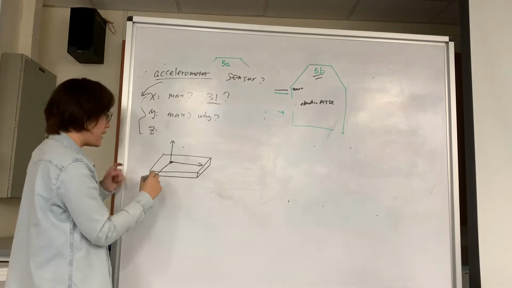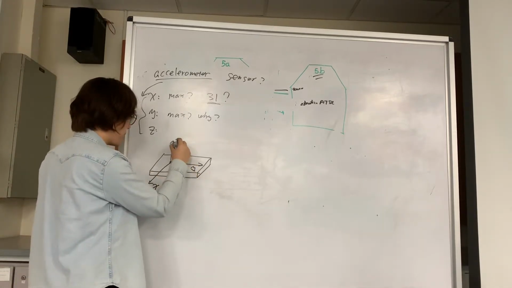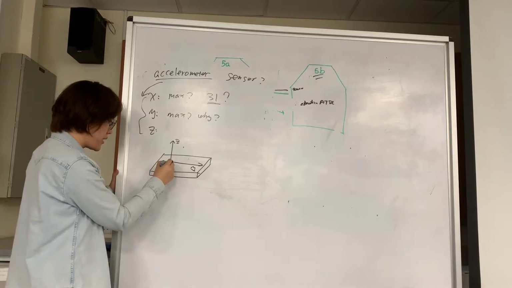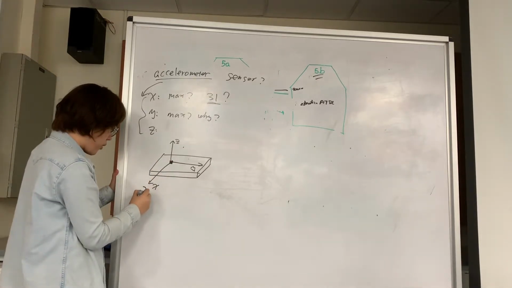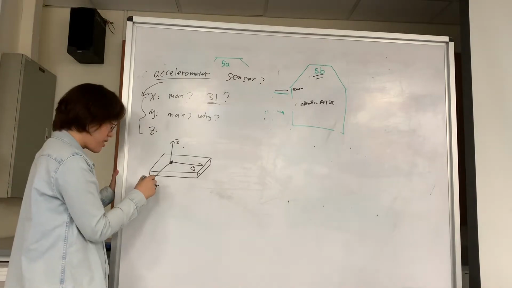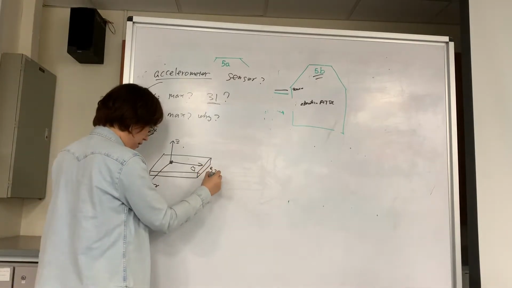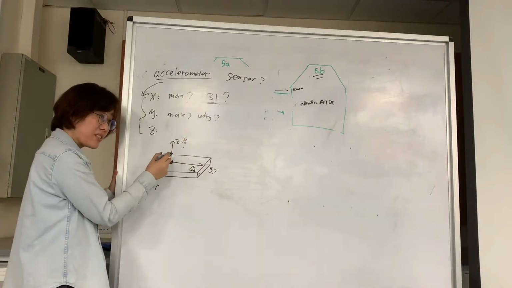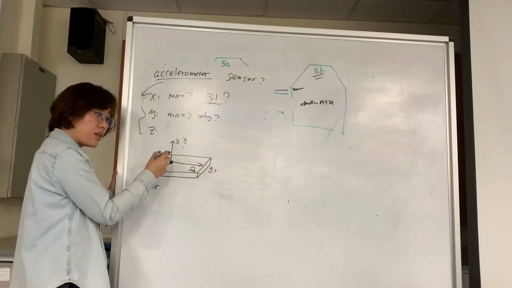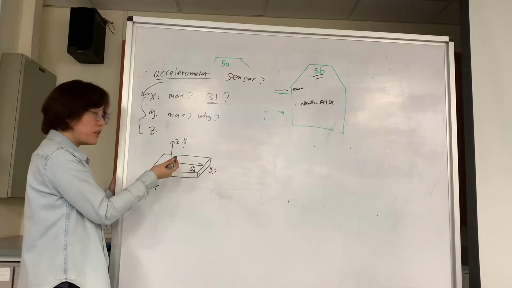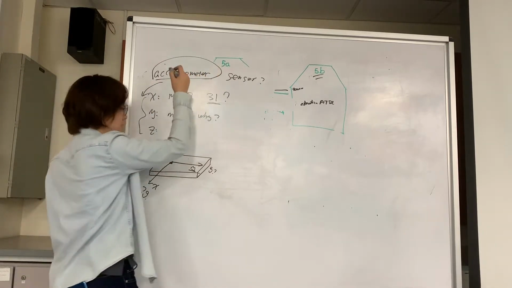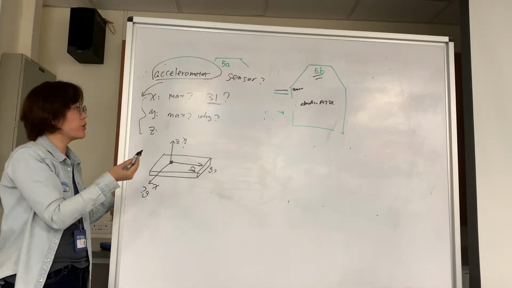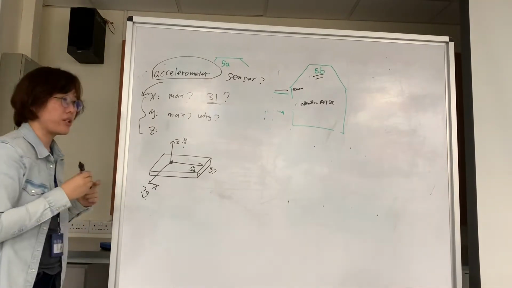Let's say if here is x, here is y, here is z. Basically, your accelerometer is sensing how much gravity on the x-axis, how much gravity on the y-axis, how much gravity on the z-axis. That's simply what this guy does. If you don't understand this, there's no way to continue.